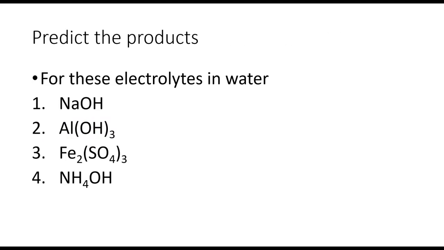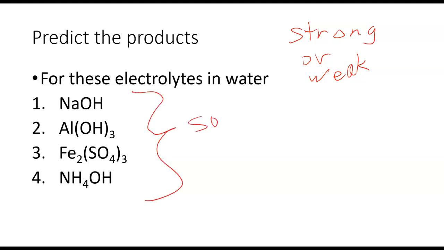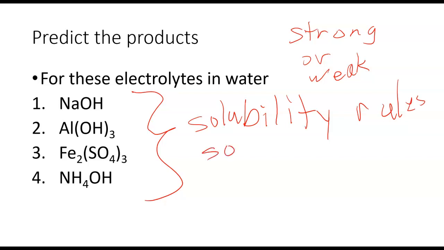Now I'd like you to try and predict the products for these electrolytes in water. First, you'll need to determine whether it's a strong or a weak electrolyte. And you can do this by looking at the solubility. So you look at your solubility rules. Based on the solubility rules, if it is soluble, then you're going to have a strong electrolyte.